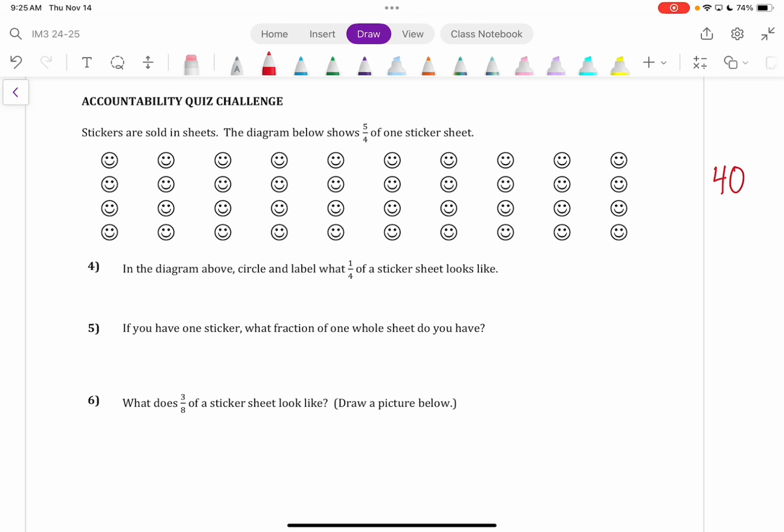Now this doesn't mean you're going to split 40 into 4 parts because 40 is more than a whole sheet. So this is going to be a little tricky. Instead, you want to figure out how many smiley faces should you have in each group, so that if you were to have 5 groups, that would represent 40.